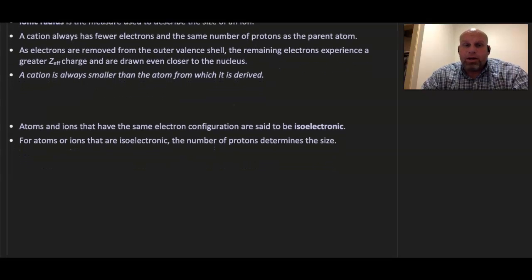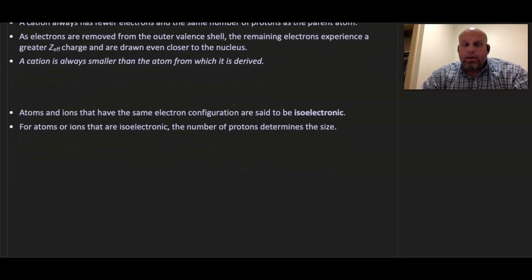We've heard this term already, but just to reiterate, because this happens when talking about periodic trends, atoms and ions that have the same electron configuration are said to be isoelectronic. If you have isoelectronic atoms or ions, the protons really are what determine the size here.